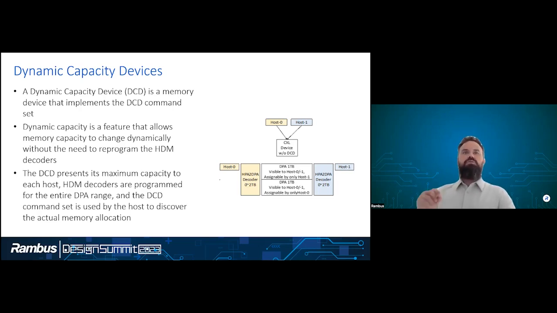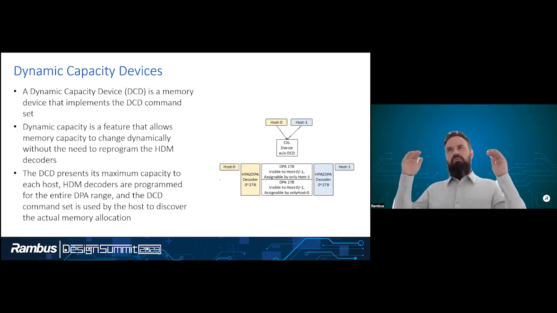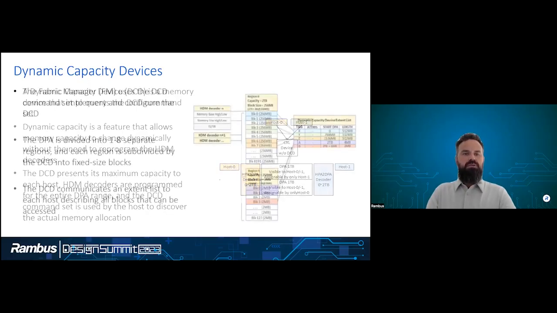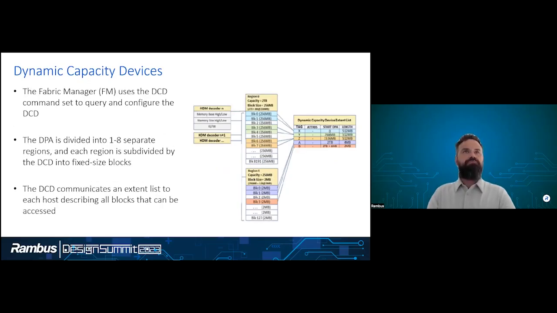But this does present a new problem, right? And that new problem is: how do we manage which hosts are talking to which media? If the entire range of the media has been exposed to both hosts, how do we restrict which hosts are accessing which media? That is achieved through something that we call the extent list.